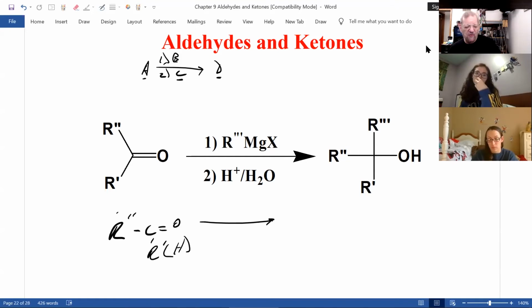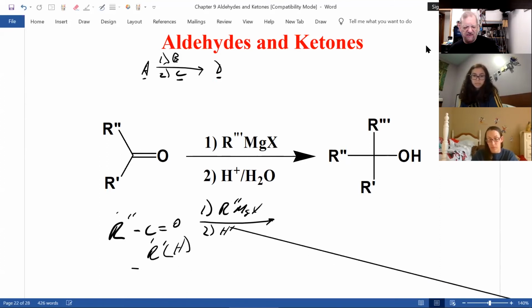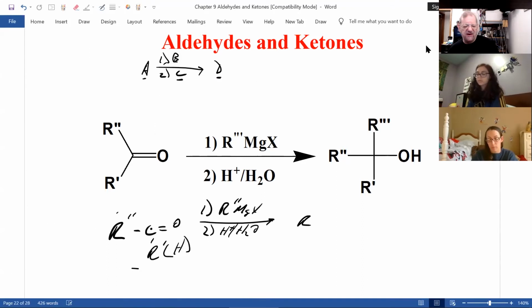So take a ketone or aldehyde, first step, react it with a Grignard. Second step, react it with acid and water. And what you get is what's attached to the carbonyl carbon is still attached to it.